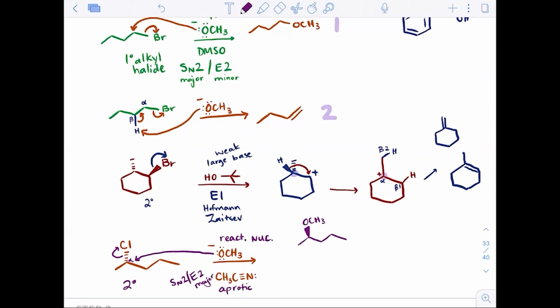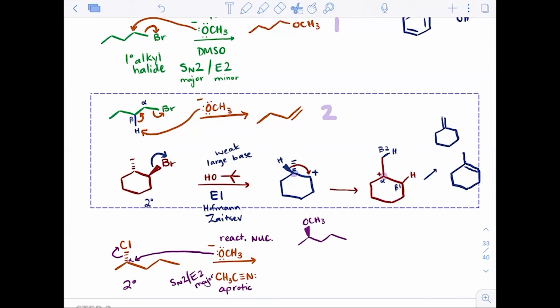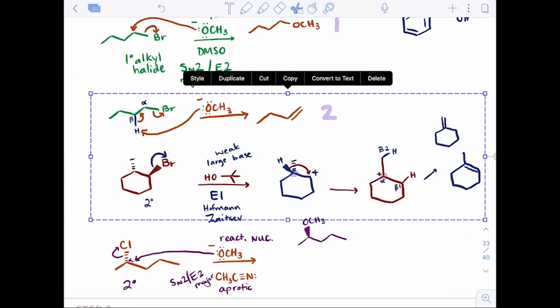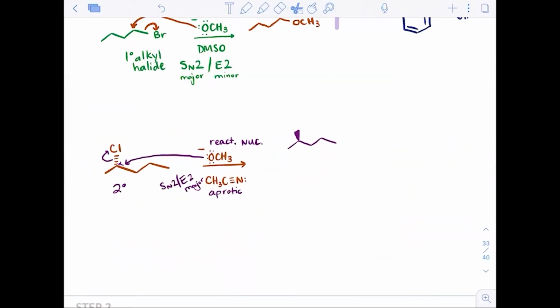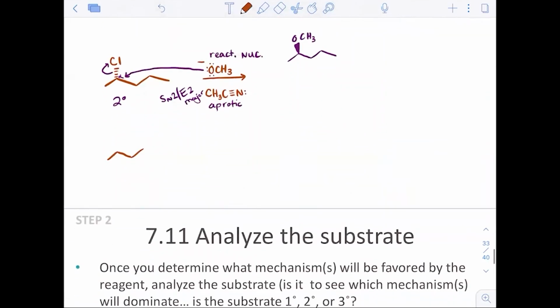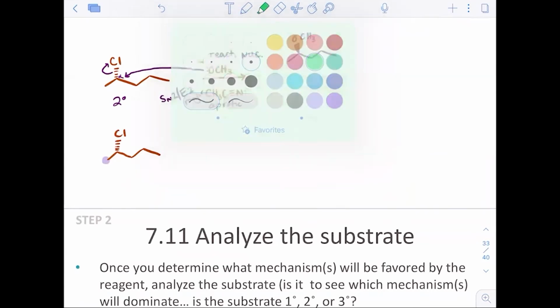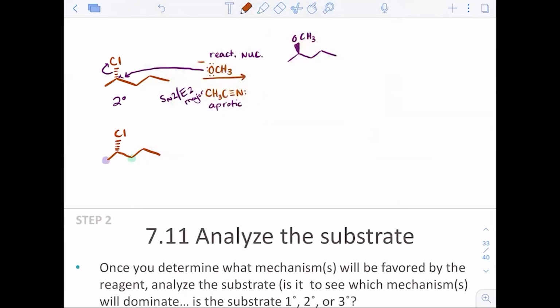For our E2, let's just go ahead and give some room here. For our E2, again, it's a secondary. So what we want to be able to think about is there should be 2 beta carbons that I can choose from.